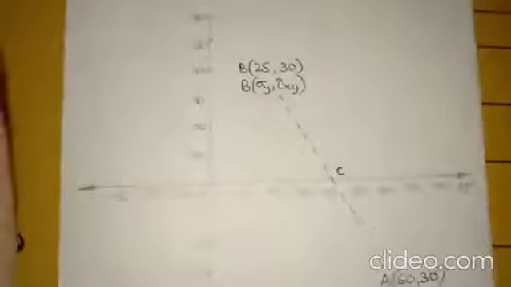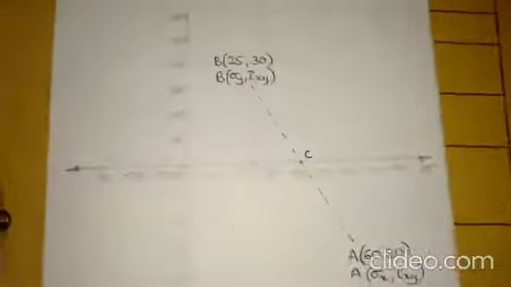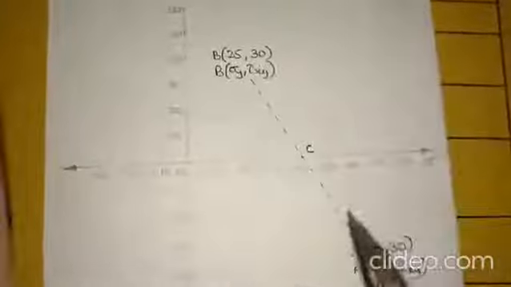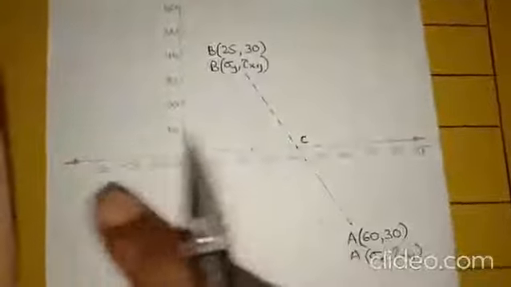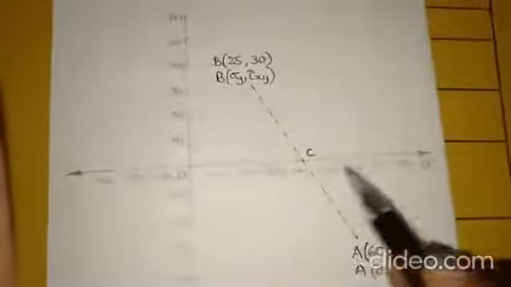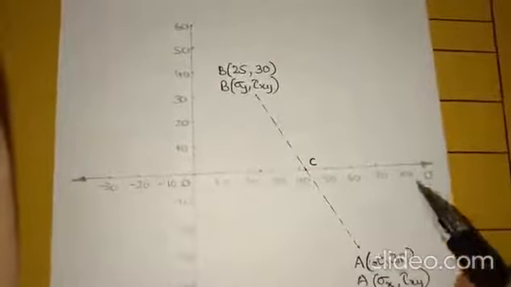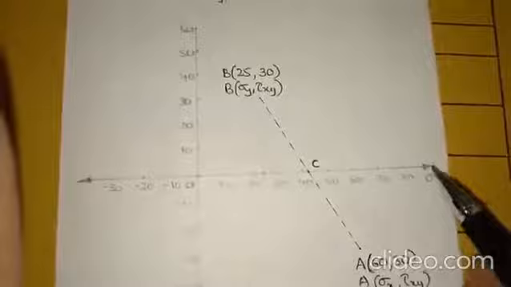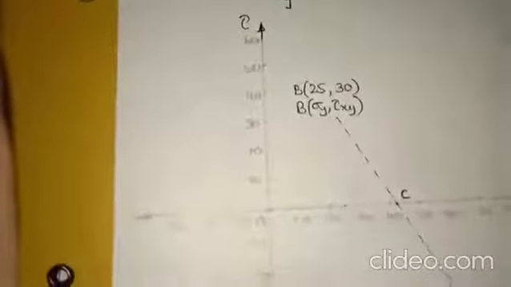If you are using a graph sheet, you are required to draw the x-axis and y-axis. Along the x-axis we are going to plot sigma, the normal stress, and along the y-axis we are going to plot shear stress.